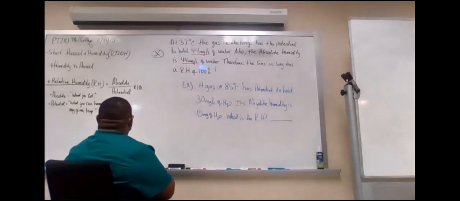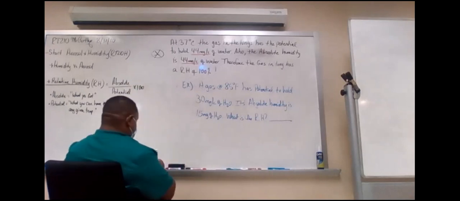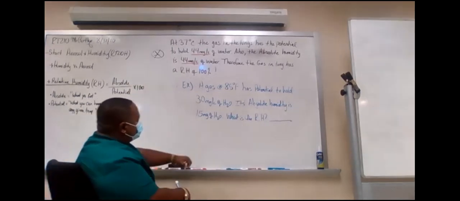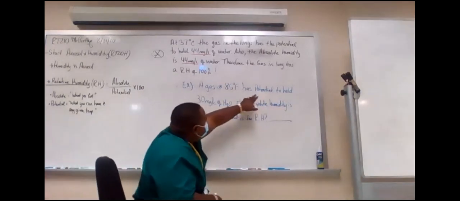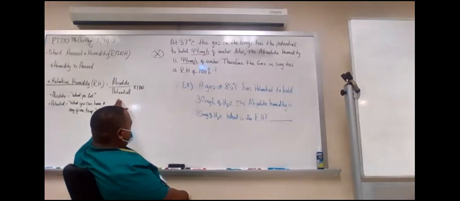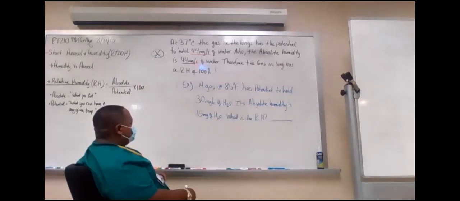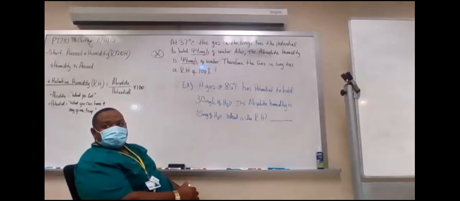Absolute over potential times 100. That's the formula. Potential has potential to hold 30. So 30 at the bottom. And its absolute is 15. So 15 at the top. So 15 divided by 30 times 100.